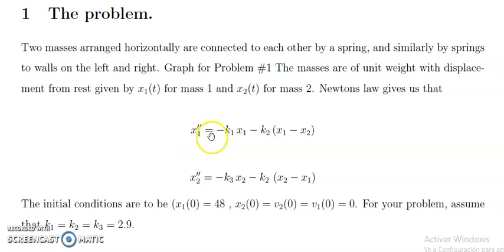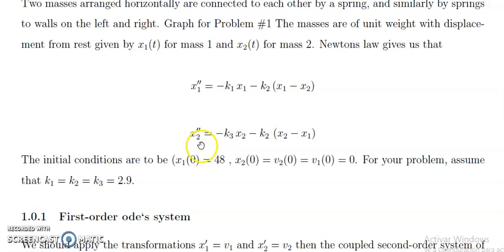The equations of motion are given as, remember, in the previous video. The acceleration of mass 1 is x1 double prime equal to minus k1 times x1 minus k2 times x1 minus x2. And the acceleration of mass 2, x2 double prime, is equal to minus k3 times x2 minus k2 times x2 minus x1.